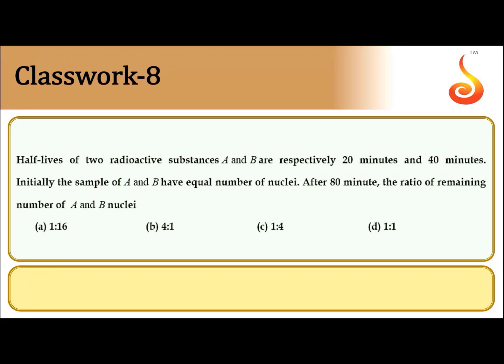Example 8. Half-lives of two radioactive substances A and B are respectively 20 minutes and 40 minutes. Initially, the samples of A and B have equal number of nuclei. After 80 minutes, the ratio of the remaining number of A and B nuclei is. We can write N is given by N naught divided by 2 to the power of n.